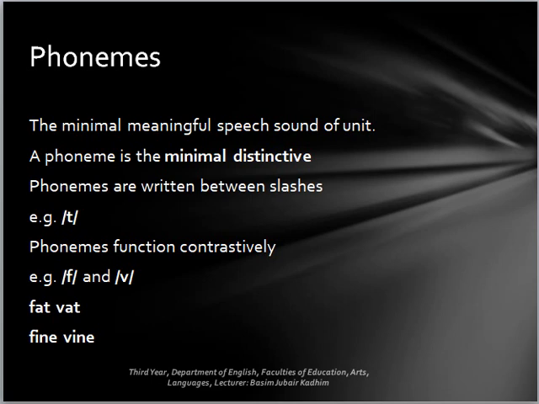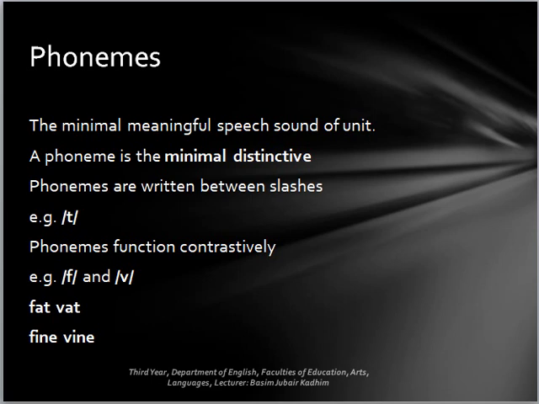So how can a phoneme work? Of course, it works contrastively. It depends on contrastive function. So what is meant by contrastive function? The contrastive function of a phoneme is the feature which distinguishes a phoneme from others.